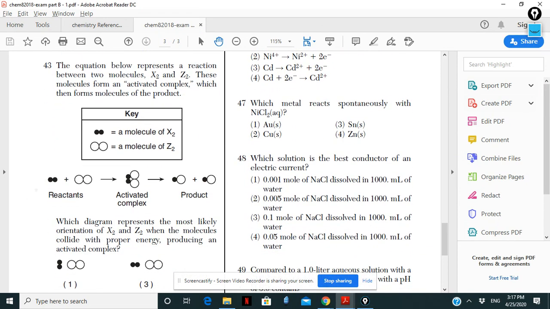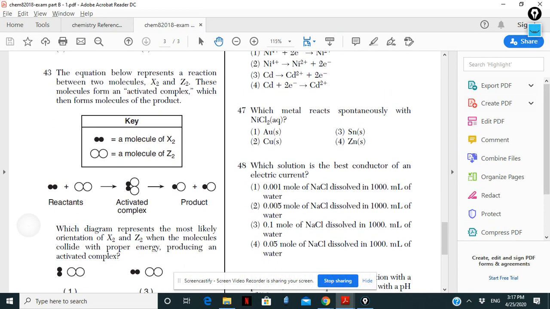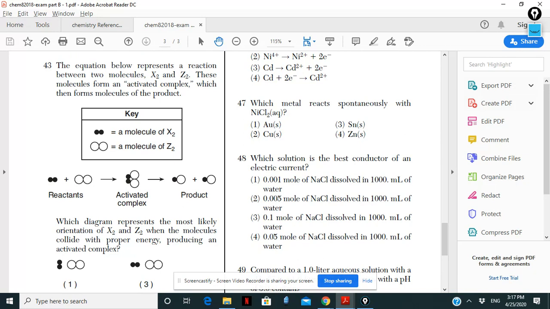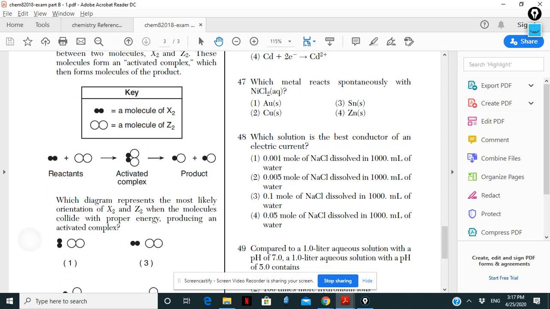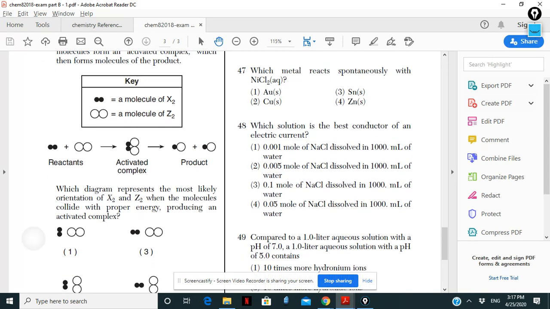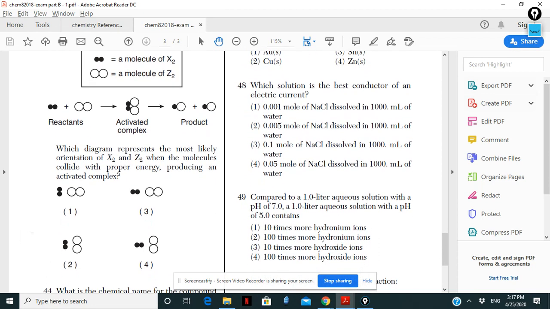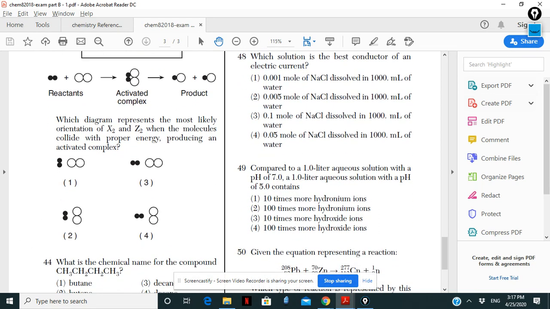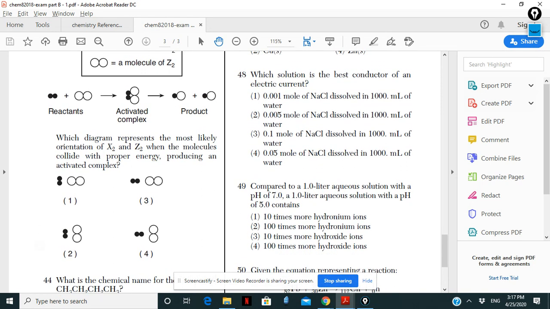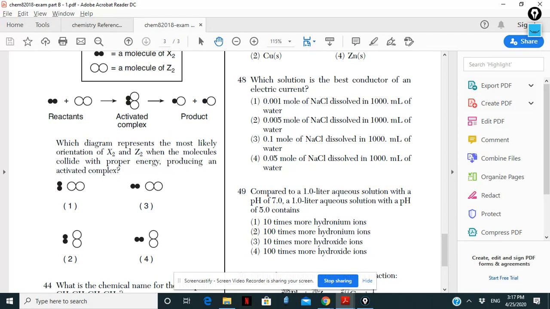Question number 43. The equation below represents a reaction between two molecules, X2 and Z2. These molecules form an activated complex which forms molecules of the product. Which diagram presents the most likely orientation of X2 and Z2 when the molecules collide together?